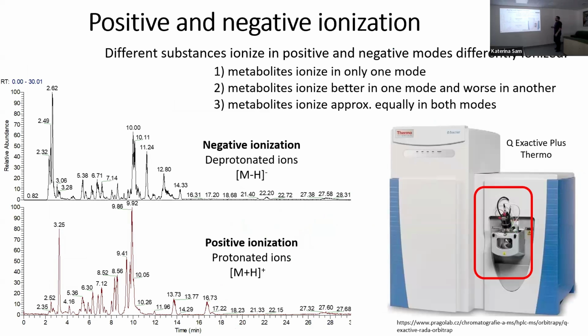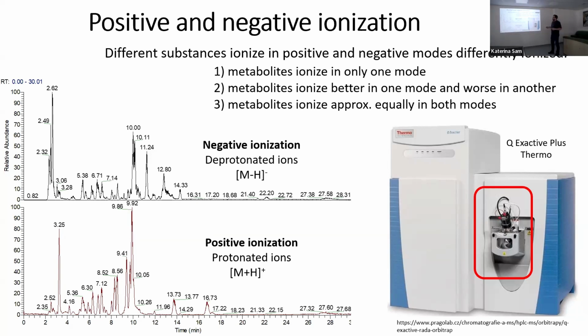Okay, we have two possibilities: the positive ionization and negative ionization. It depends on whether we add the positive or negative current. If we have the negative ionization, we deprotonate the molecules, and if we have the positive ionization, we protonate the molecules. But this is very important because these two chromatograms are from the same samples.